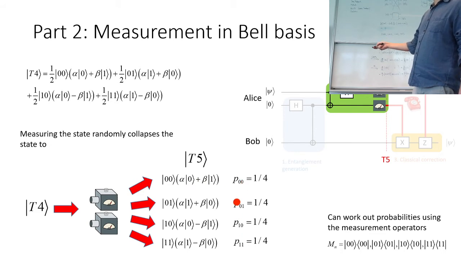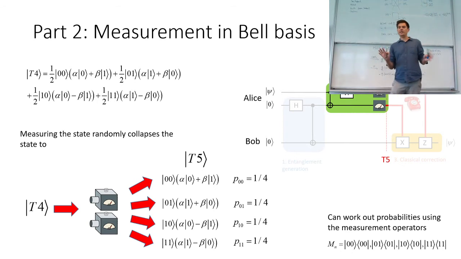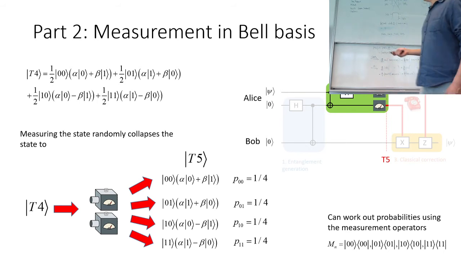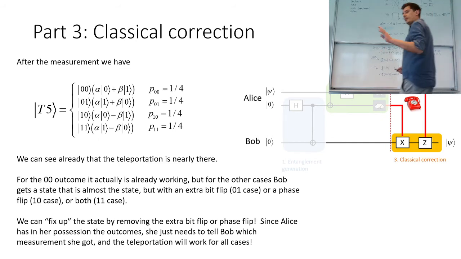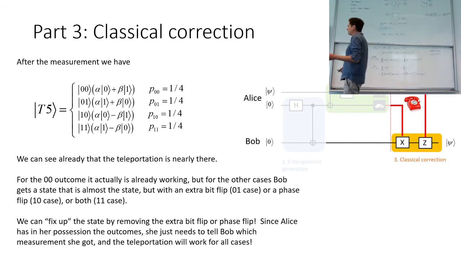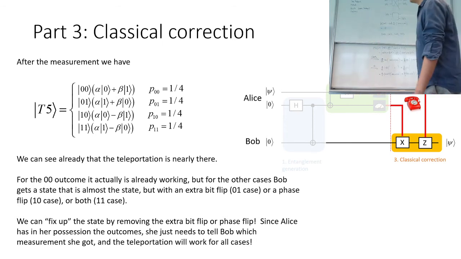But for the other 3 cases, it looks kind of similar, but the state is a little bit messed up. So the last step is to fix up this fact that the state is slightly messed up, for the 3 out of 4 cases.